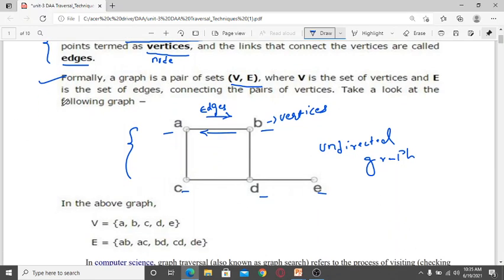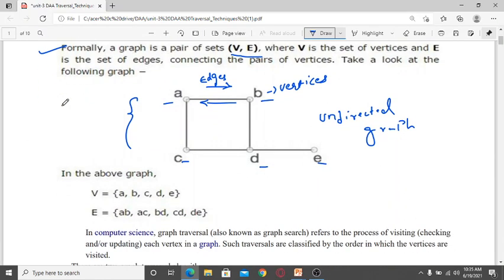How do we need to write it? V is equal to, how many vertices are there? A, B, C, D, E: 5 vertices, 1, 2, 3, 4, 5. And how many edges?